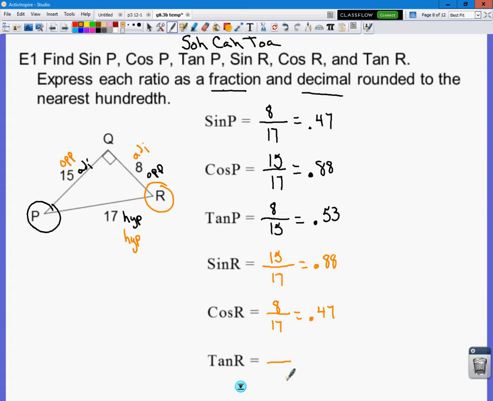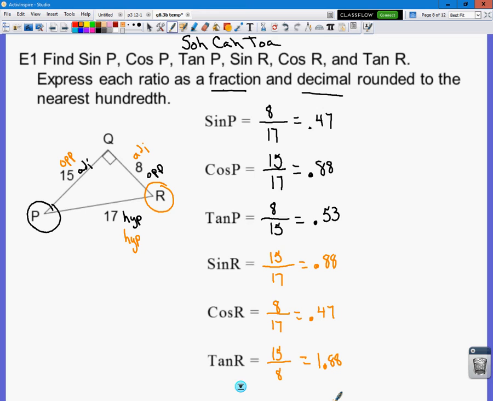Tangent also flipped something. What does it do? It's going to be 15 over 8. It's the reciprocal of the other side. And this comes up to 1.88. So everything on this first example is exactly the same as what we did yesterday.